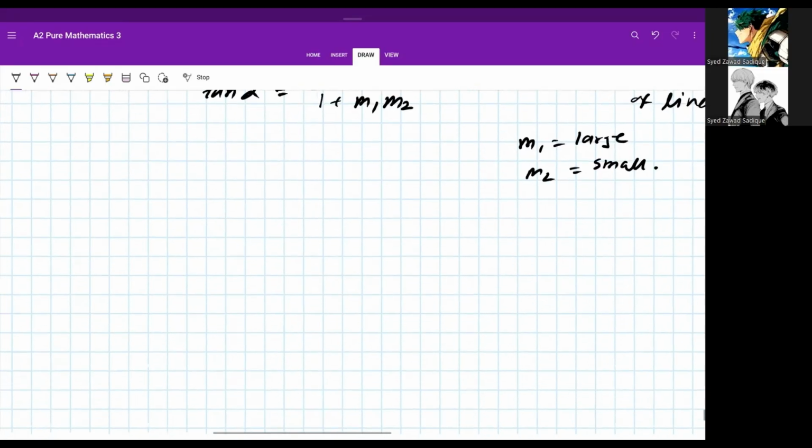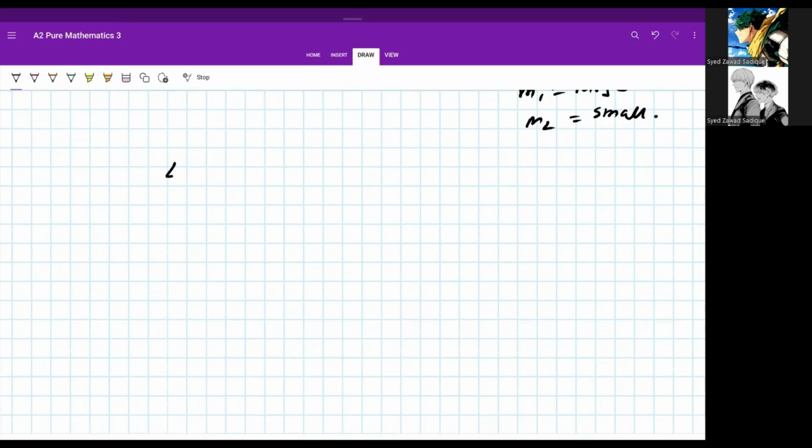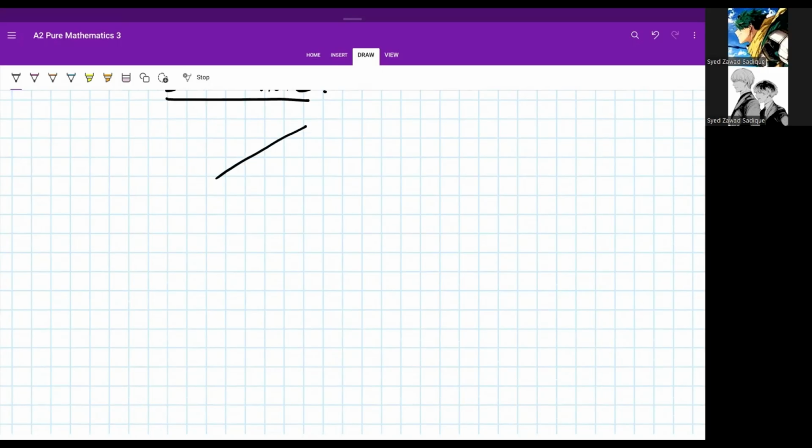Now finally, an extra note. So guys, let's say this is L1, this is L2, and this is theta. When you are trying to find the angle, you have to make sure that the lines are going outwards from the angle.